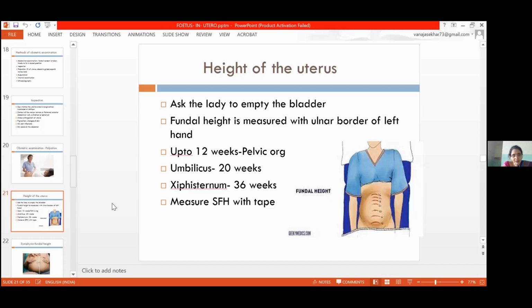Above the umbilicus, the first line corresponds to 28 weeks. Next comes 32 weeks, and then 36 weeks. 36 weeks corresponds to the xiphisternum.